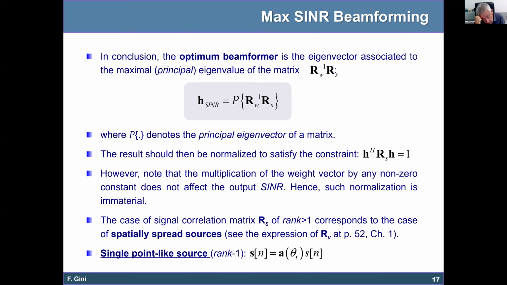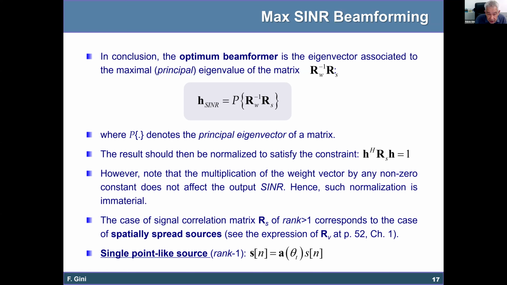We can transform a generalized eigenvector problem, which is the one that we have to solve, into a classical eigenvector problem if, and only if, the disturbance covariance matrix is full rank, so it can be inverted. And this is the solution.